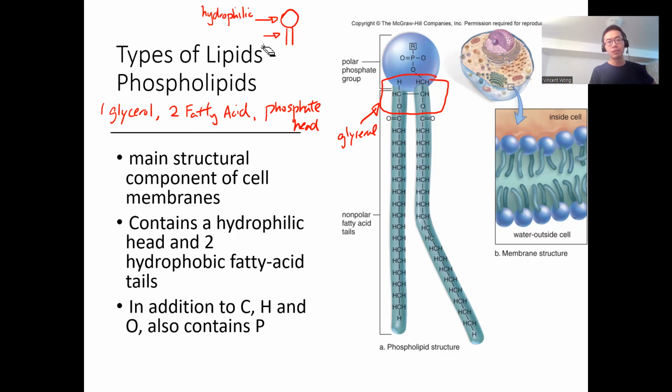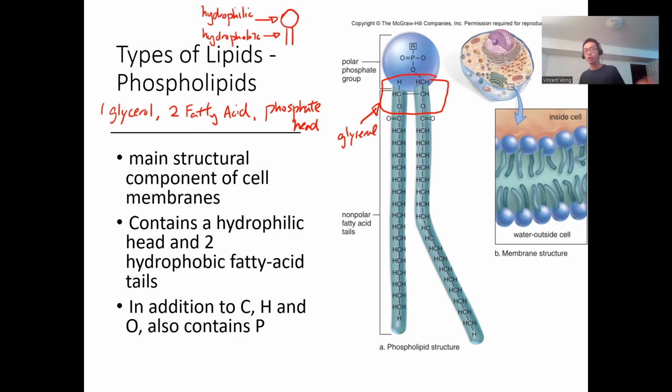And the tails are hydrophobic. So we have an interesting molecule here. One part of it is hydrophilic, another part is hydrophobic. Molecules like these are very useful, because they allow two things that normally don't mix together to come together.